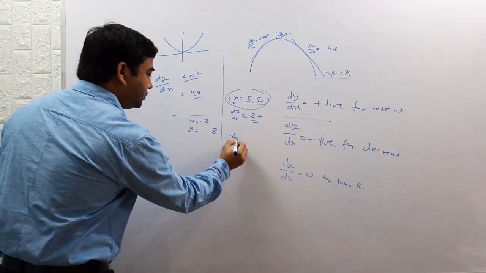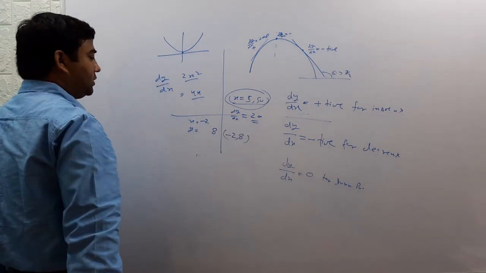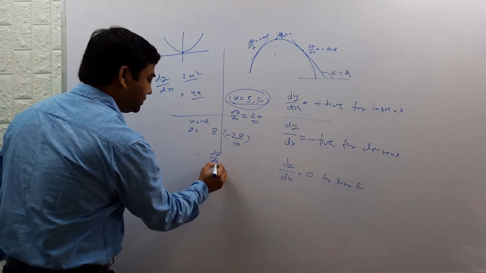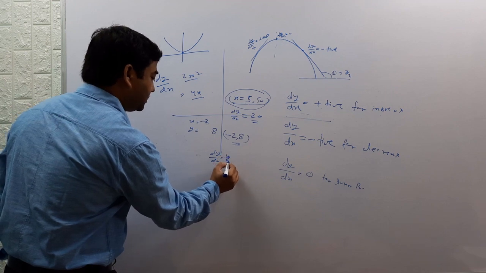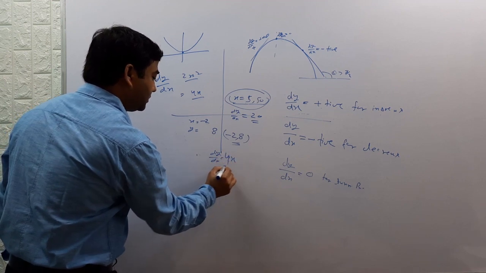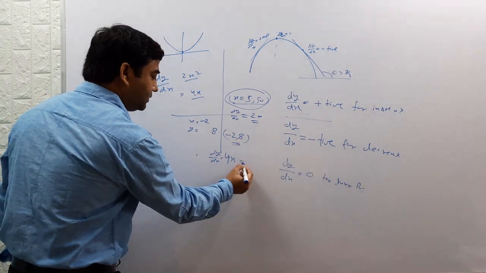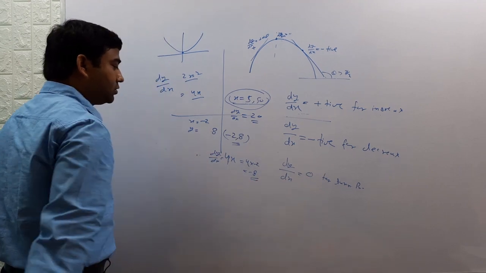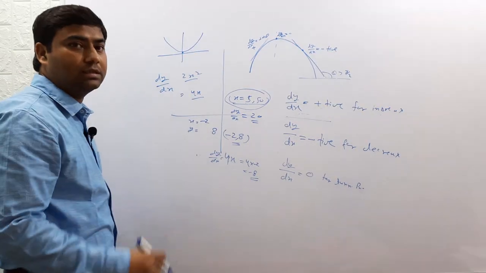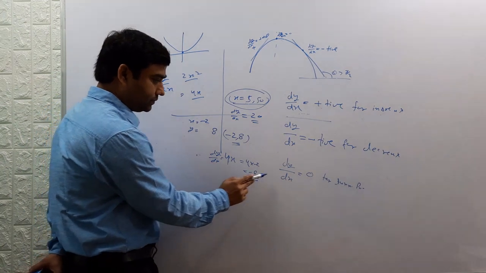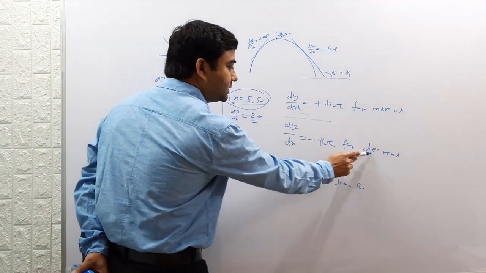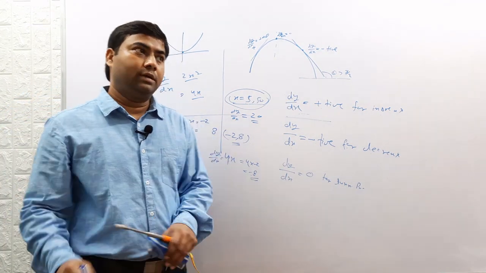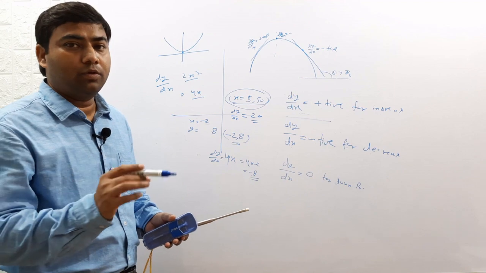So the point is minus 2, 8. Now find the derivative at this point. So dy over dx is equal to 4x. At this point, the derivative is 4 into minus 2, equal to minus 8. So at this point the derivative is negative. So the function is decreasing. This is another way to find whether a function is increasing or decreasing at a certain point.